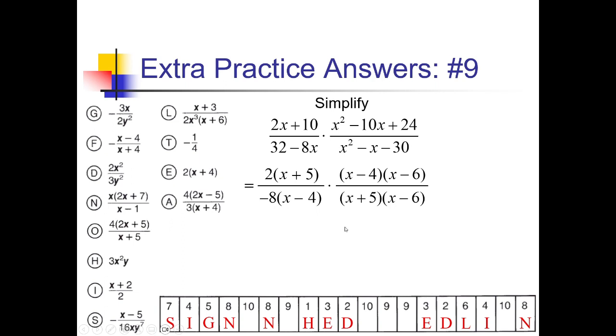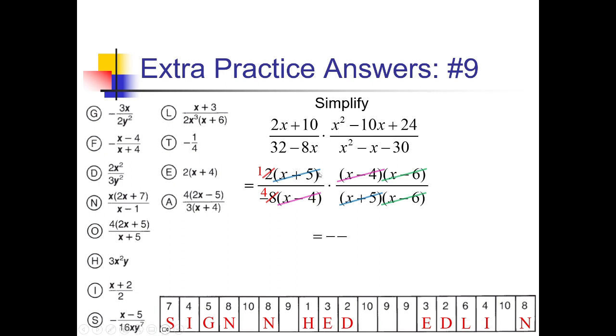All right, let's reduce and cross off whatever we can. The 2 and the 8 clearly can reduce to 1 over 4. X plus 5 up here and down here, those are canceling. This x minus 4 and this x minus 4 can go away. And then these x minus 6's were in the same fraction even, so those are gone. So what's left? Well, our whole fraction is negative because we still have an unresolved negative down here.